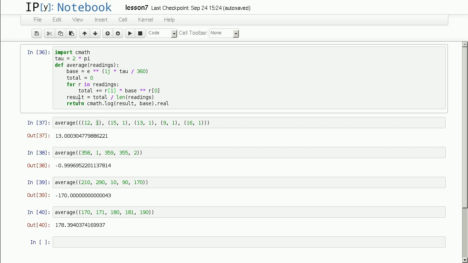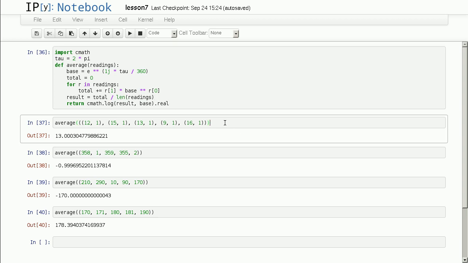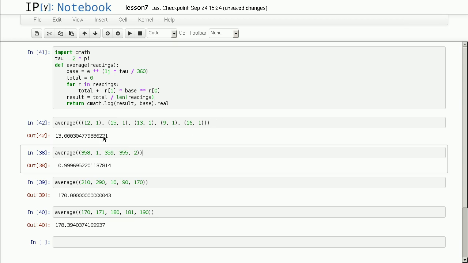And then I'm going to use the same approach, take a simple average of these vectors, and they're two-dimensional values, not one-dimensional values, and see what we get. Theoretically, this should give me the exact same result that it did before, and it did.